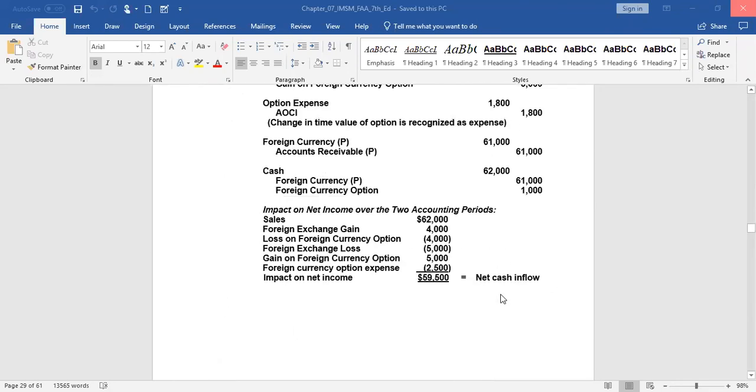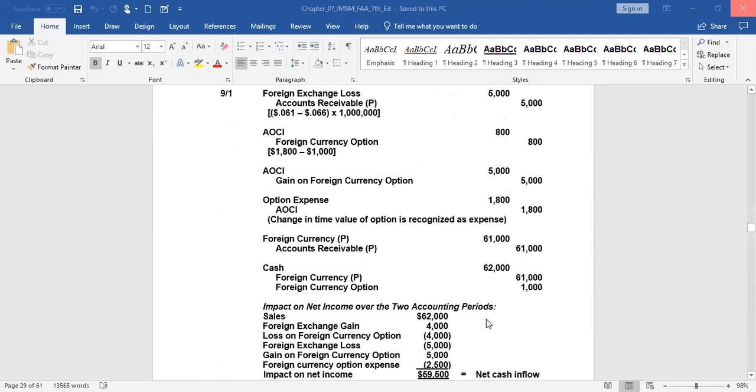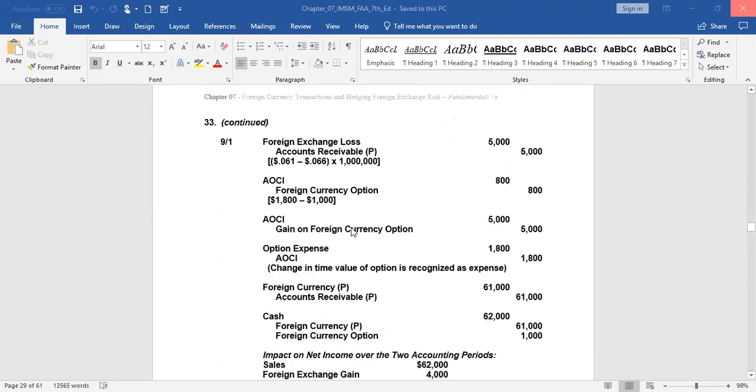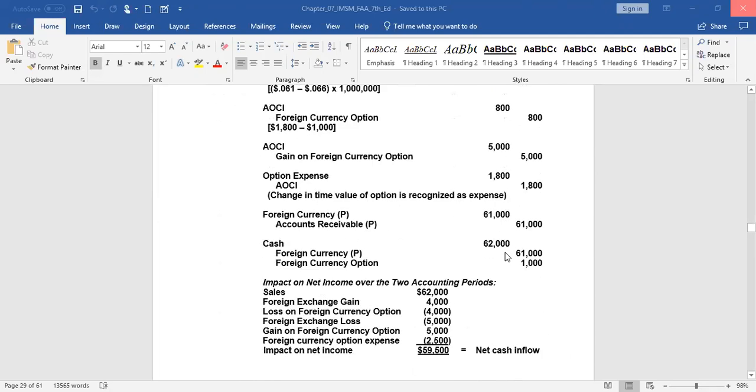And then the option expense would be debited for $800 during last year. What happens this year? There's your loss on foreign currency, but then you have a gain. So they wash. Your option expense is $1,800 to the $700 from last year.